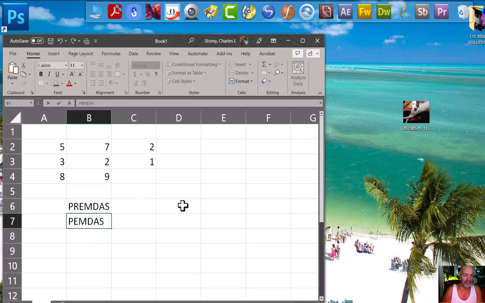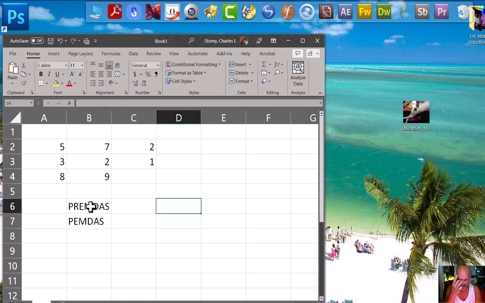When you go into Excel, it's really PREMDAS. It's parentheses, exponents, multiplication, division, addition, subtraction, left to right.